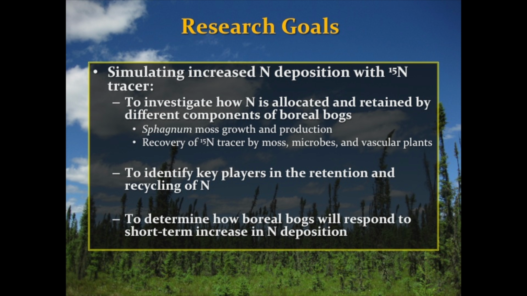So more specifically, we wanted to look at the bogs, and we want to simulate the effect of increasing nitrogen deposition and use an N15 tracer to look at how the nitrogen is allocated among different components of the system. And we want to identify the key players in terms of nitrogen retention and cycling. And more importantly, we want to know how these boreal bogs will respond in the future scenario of nitrogen increase.